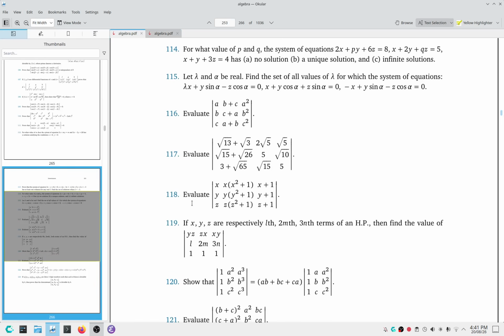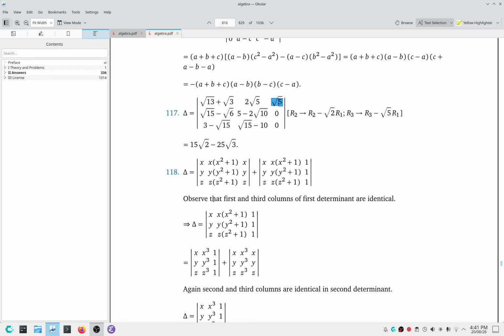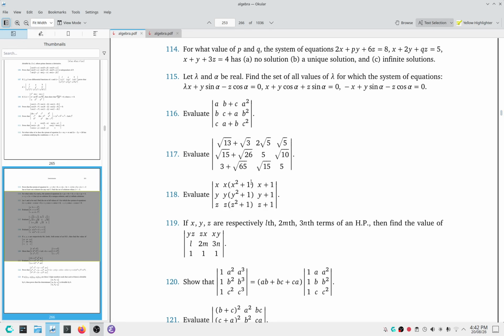Question 118 asks us to evaluate the determinant x, x squared plus 1, x plus 1; y, y squared plus 1, y plus 1; z, z squared plus 1, and z plus 1. So here what we do is we split the third column.